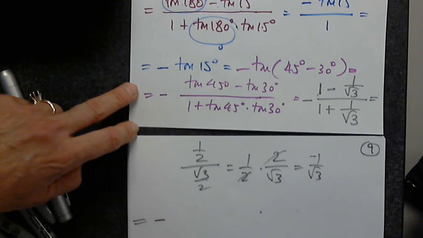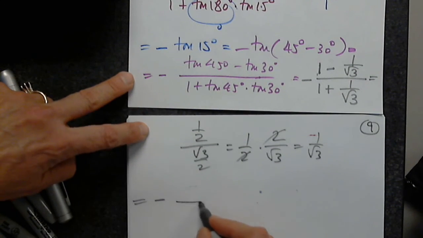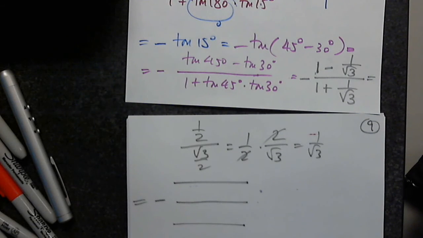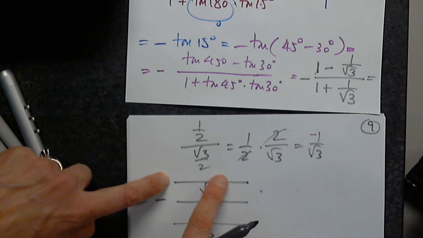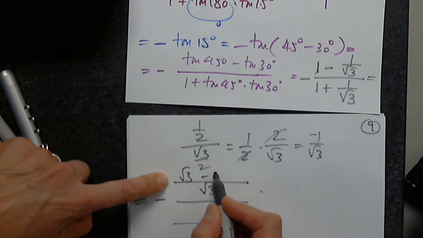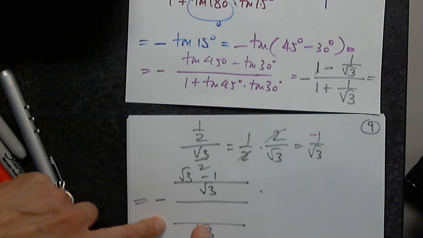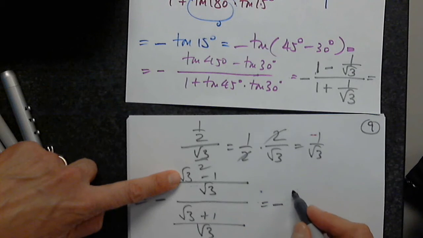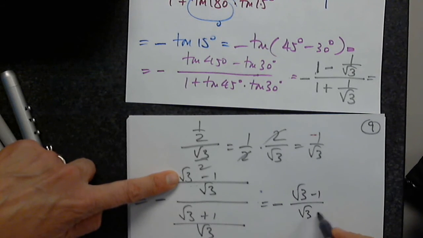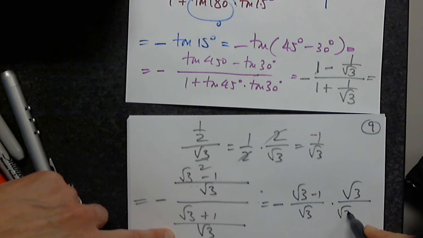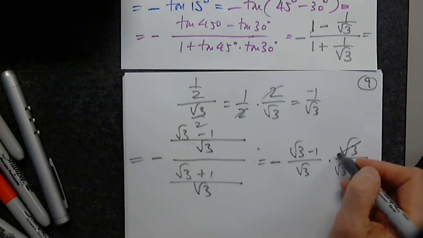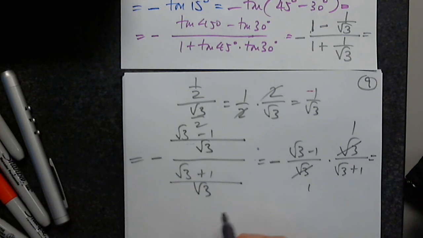The negative stays outside. Least common denominator, in both cases. The top. Awesome. So now minus. I copy and I flip. What goes away? Now I need to rationalize.